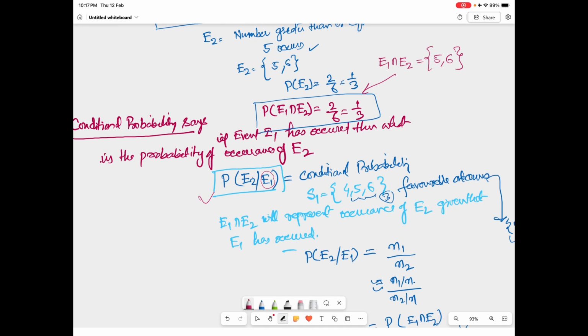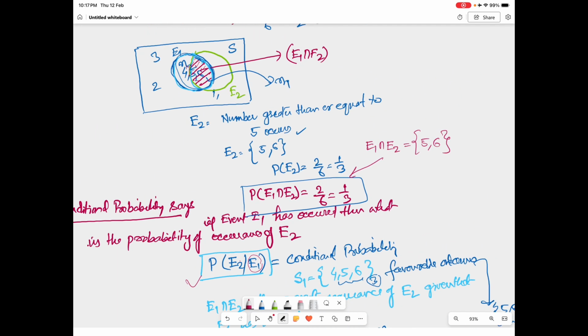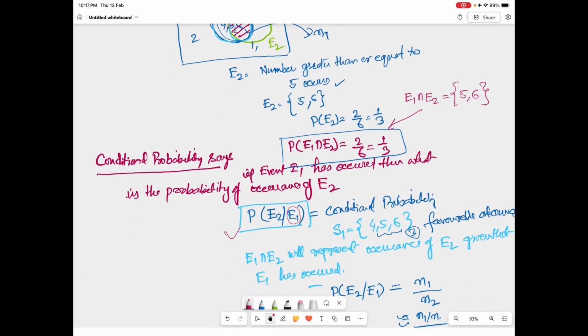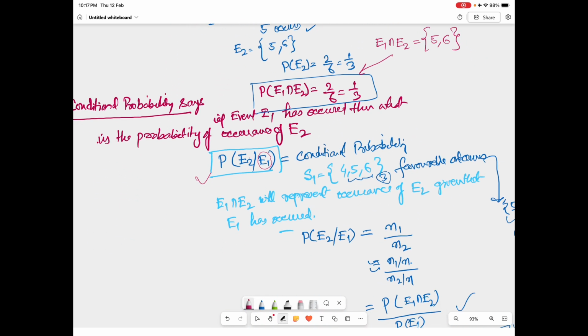Here, if E1 has occurred, it means I have got a number greater than 3, meaning 4, 5, 6. So among the 4, 5, 6, these all become the favorable outcomes. Out of this, now I have to see E2 has to occur.